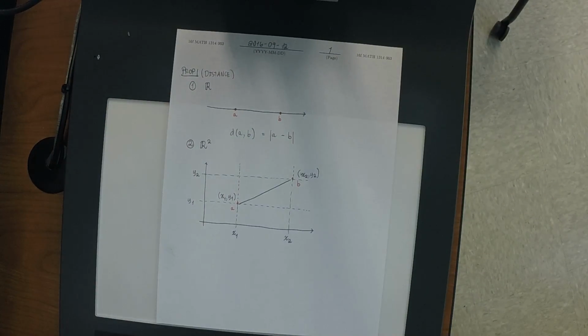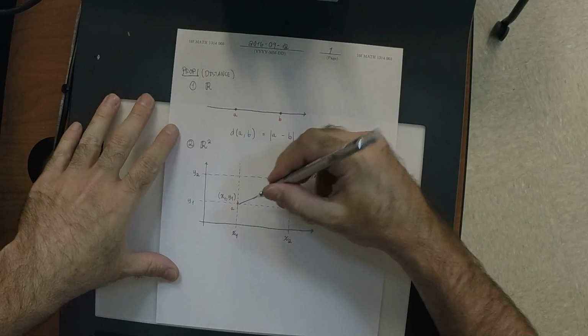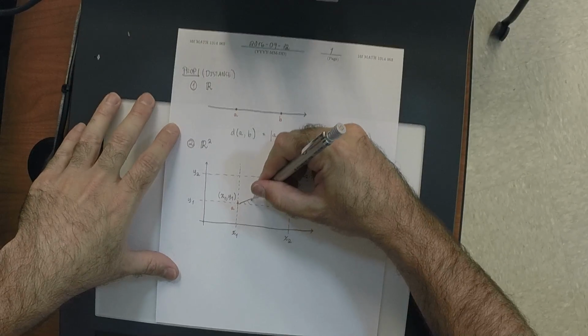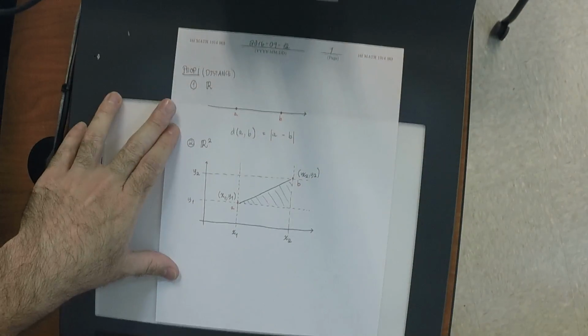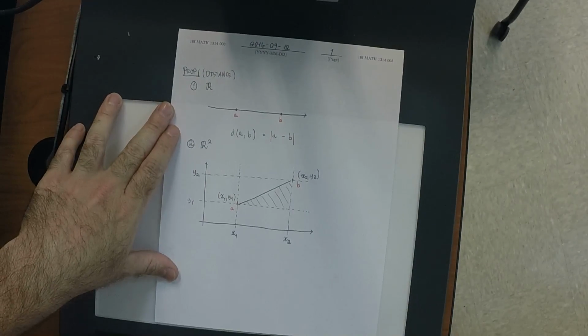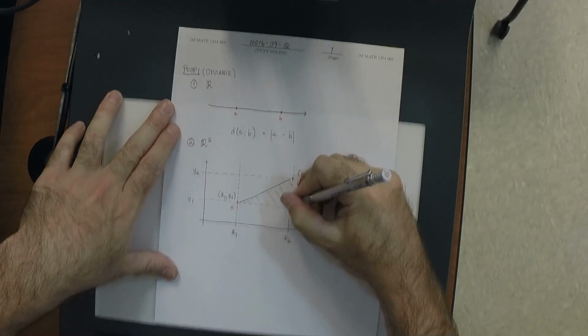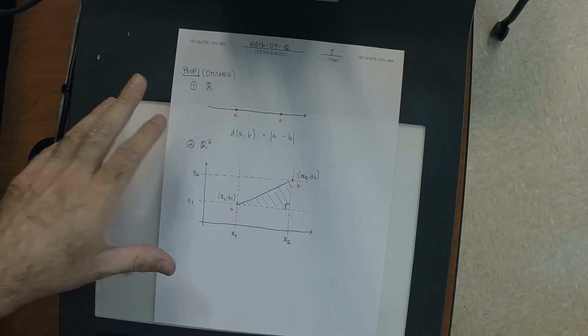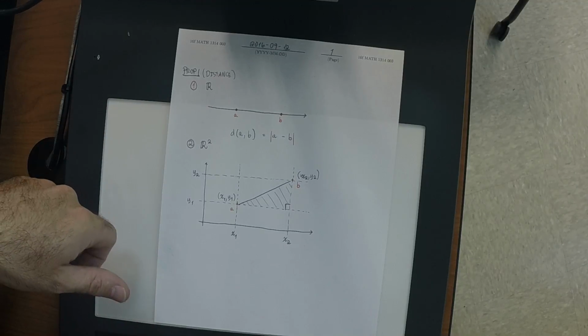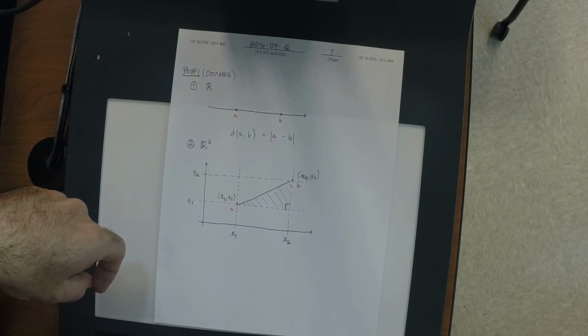Okay. So this shape right here, that's a triangle, and in particular it's a right triangle. And the green line segment is what with respect to that triangle? The hypotenuse.